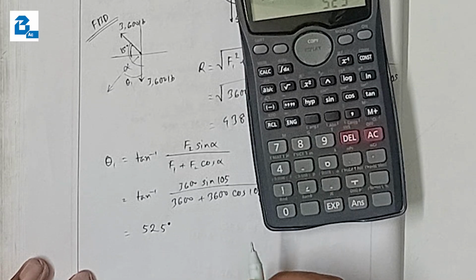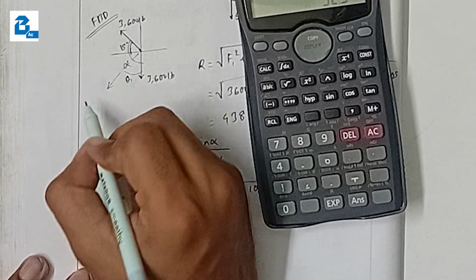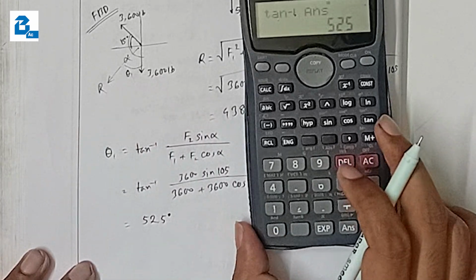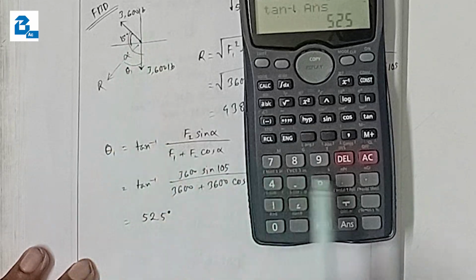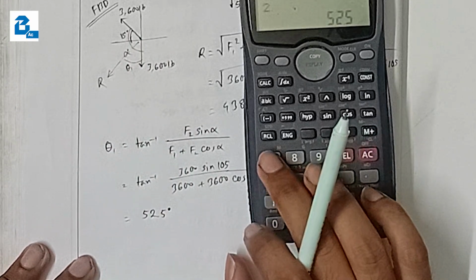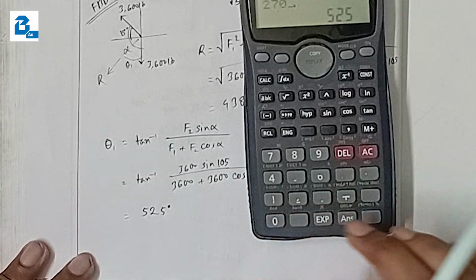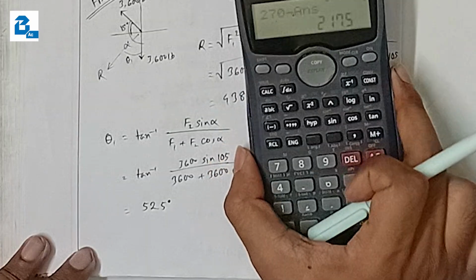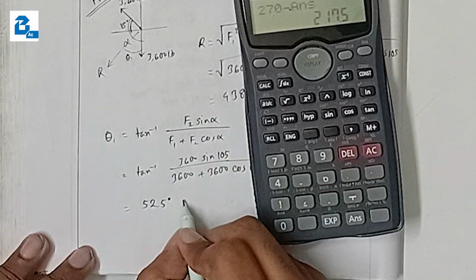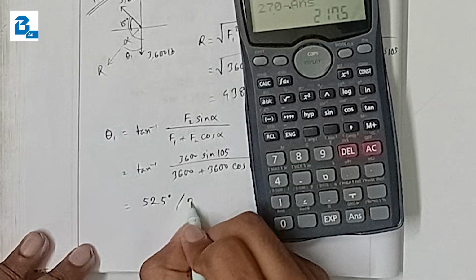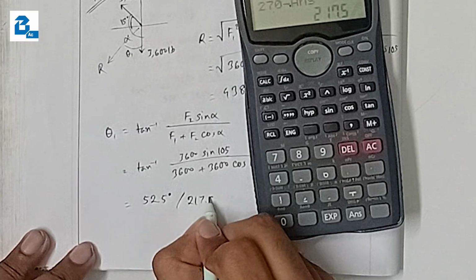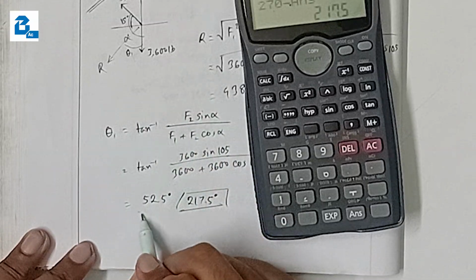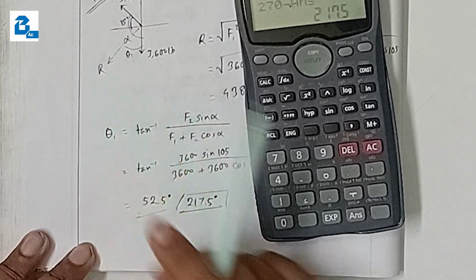So it would be the angle from the vertical axis to the resultant, or if you want to find it from the first quadrant, then we will have to subtract it from the 270 degree. So we will get 217.5. So it would be from the first quadrant, and this is the angle from the vertical axis.